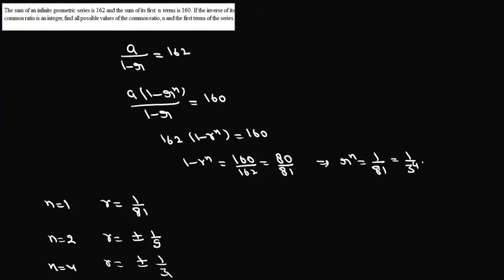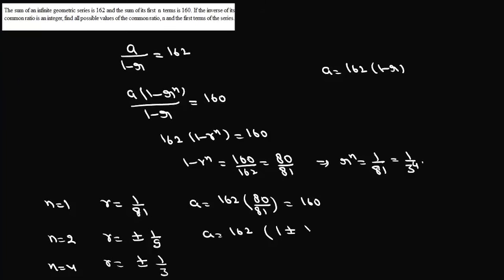Now once we have n and r, we can find the value of a. So a will be nothing but 162 into 1 minus r. So here it will be 162 into 80 by 81, which is 160. For this case, it will be 162 into 1 plus or minus 1 by 9, which is 18 into 9 plus or minus 1.